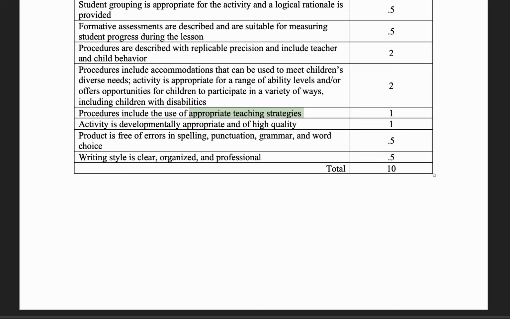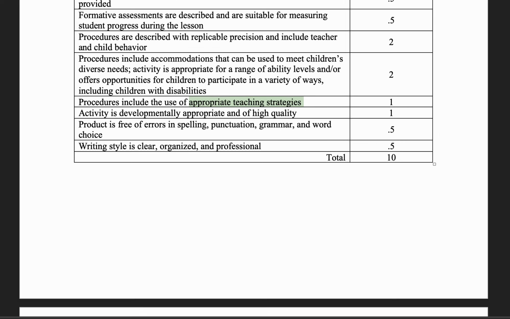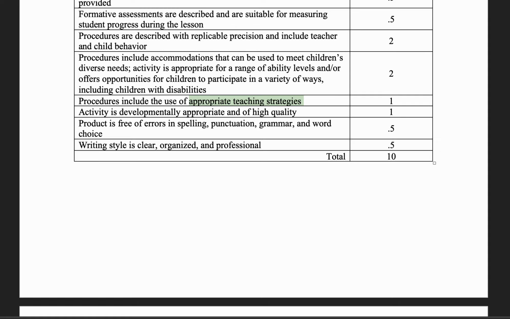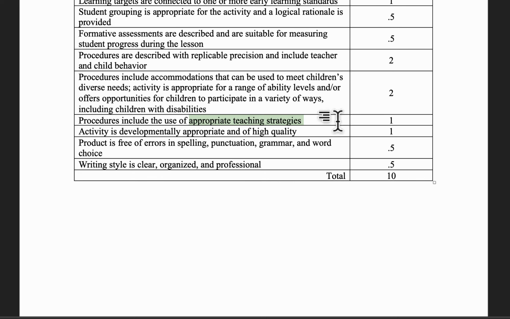Appropriate teaching strategies. Basically, you can go to the complementary curriculum approach and see those. If you want to know what I'm looking for, super easy. Just look at them there. Activity is developmentally appropriate and high quality. High quality is kind of subjective in my opinion. What's high quality to me might be low quality to another instructor you have.